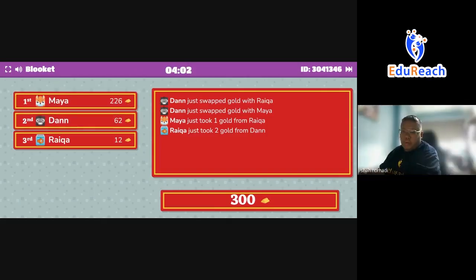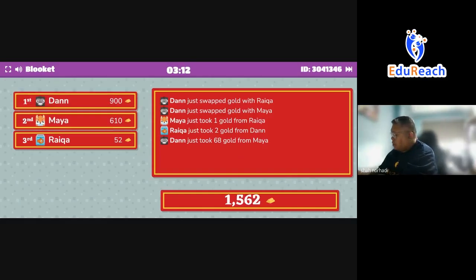Why would I swap for someone lesser? Oh my god. So there's a loss of 25% also.